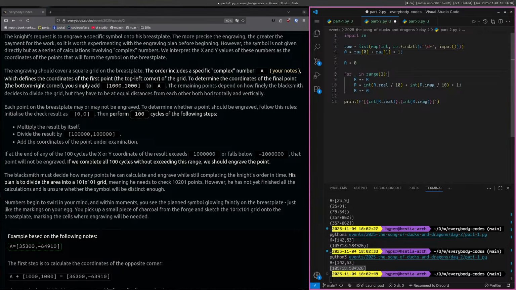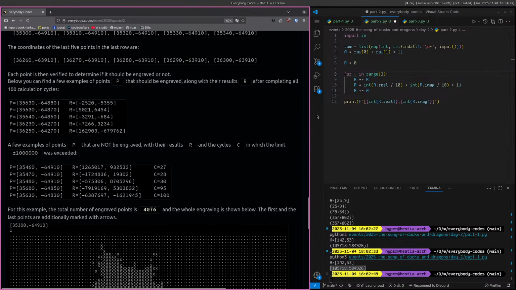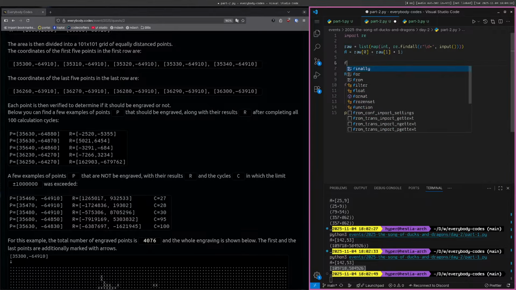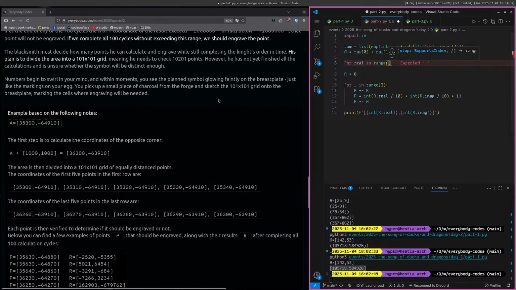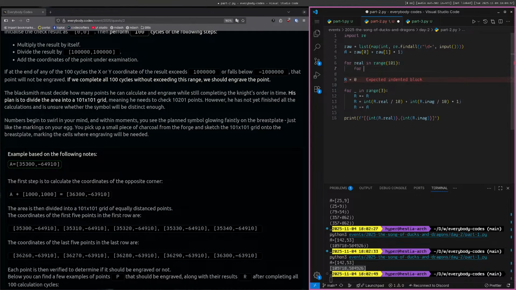So basically, we have a bunch of points. So for real in range 0 to 100,000, although we want it to be inclusive, so let's just do range 101, imagining range 101.